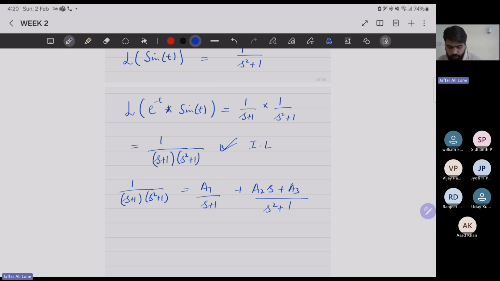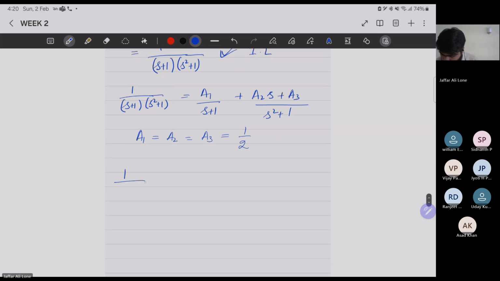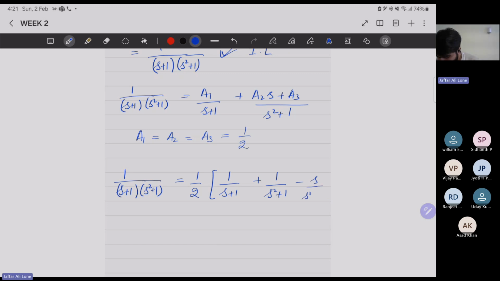On solving we get a1 is equal to 1/2, a2 is equal to minus 1/2, and a3 is equal to 1/2. Then this will be 1/2 times [1 over s plus 1, minus s over s squared plus 1, plus 1 over s squared plus 1].